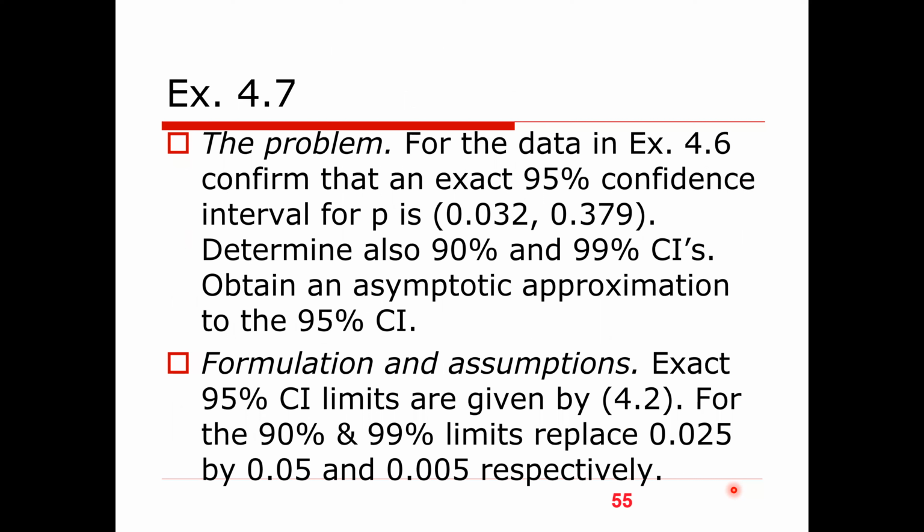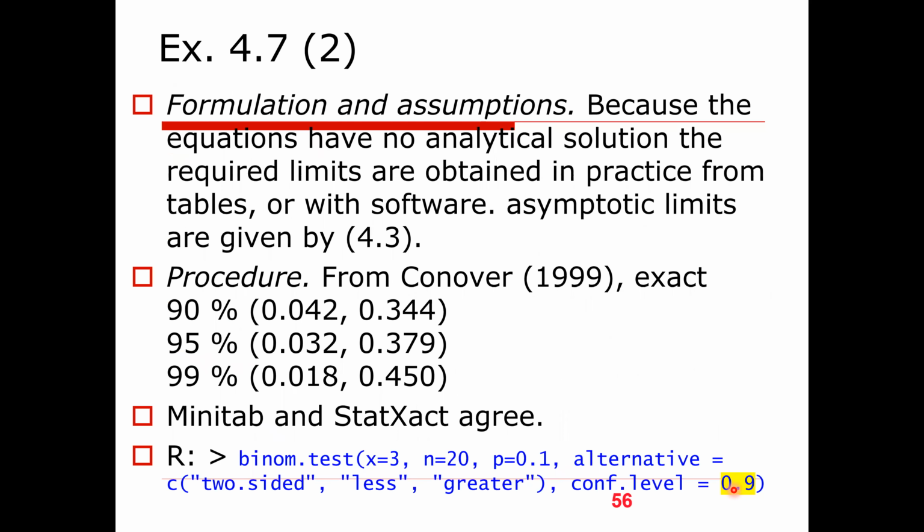Then example 4.7, find confidence intervals for different confidence levels. Let's roughly go through this example, not in great detail, but you can read it by yourself. And here's the function in R to calculate the confidence interval with different confidence levels.